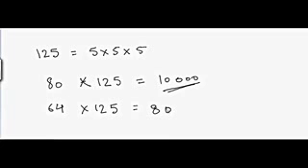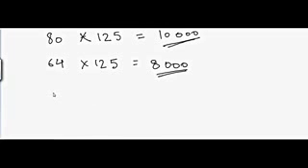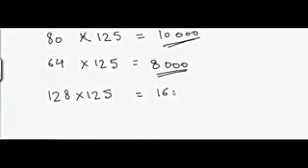So it will be 8000. And let's take another example, 128 by 125. So in this case, we know that 128 divided by 8 is 16, and then we put 000 in the end. So that is our answer.